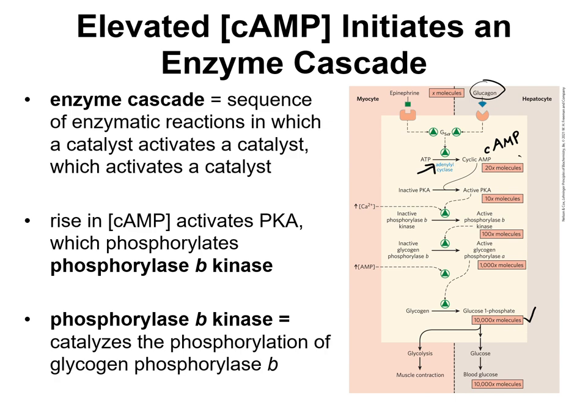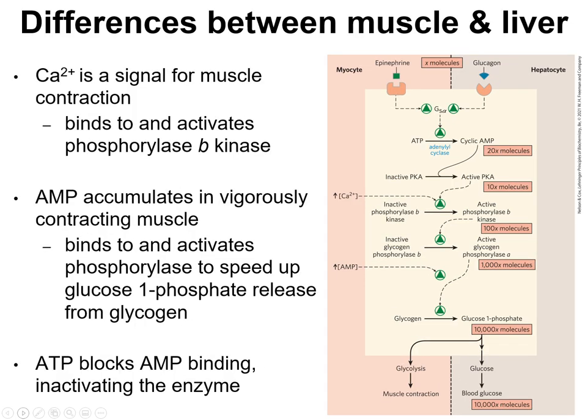Now we're going to go through and talk about some of the differences with the muscle and the liver. So we'll start with the muscle. So myocytes, those are muscle cells. Calcium ions are a signal for muscle contraction. Calcium ions bind and activate phosphorylase B kinase.